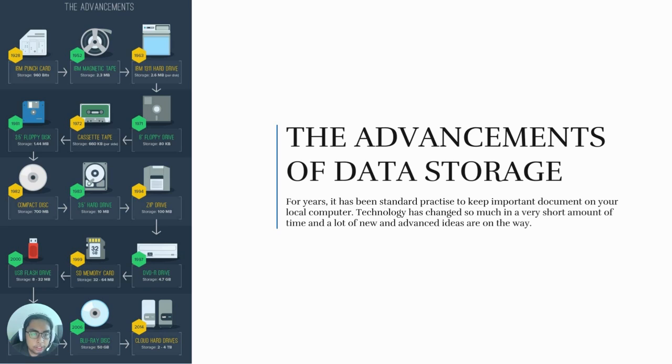After that, floppy disk, and then compact disk, and then 3.5-inch hard drive, and then we have zip drive, and then the DVD-R drive, SD memory card, USB flash drive, cloud storage, Blu-ray disc, and then cloud hard drive.